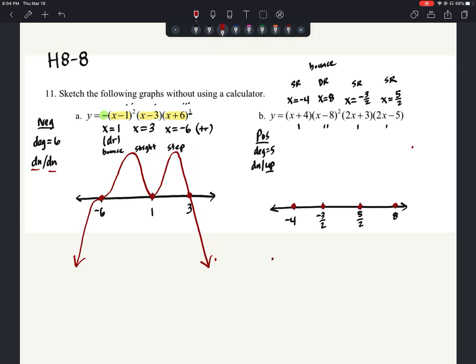So we should pass straight through at negative 4, straight through negative 3/2, straight through 5/2, and then we're going to bounce at 8. So it should look something like this. Straight through, straight through, straight through, bounce, and that should be what the graph looks like.